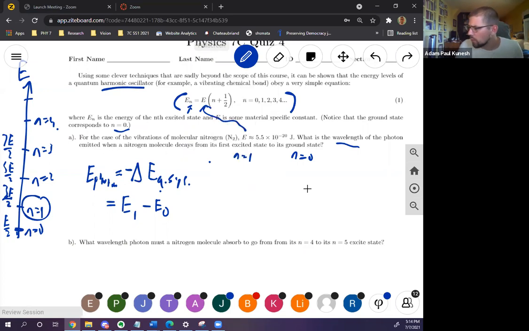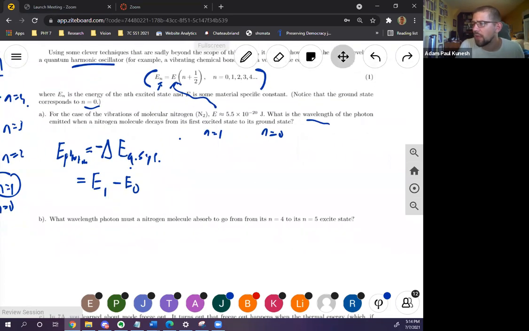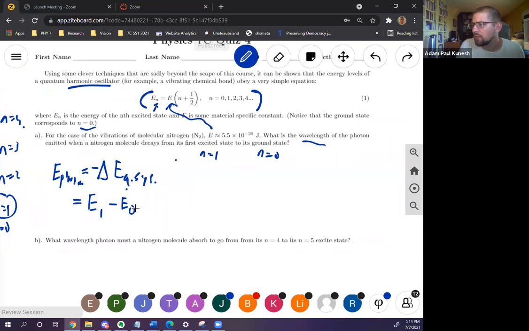Okay, so let's find that energy. E1 minus E0. E1 is going to be what? E1 is just E times 1 plus 1/2, minus E0, which is E times 0 plus 1/2. Okay, great, which is just 3/2 E minus 1/2 E, or 1E.